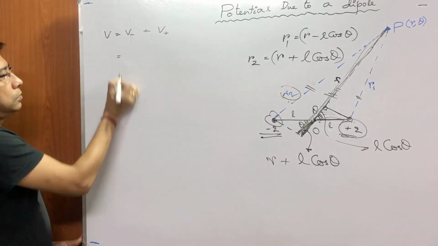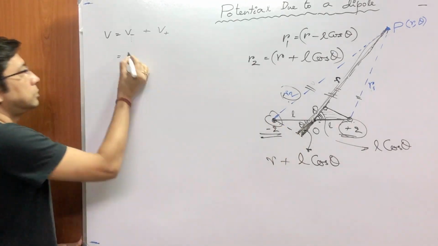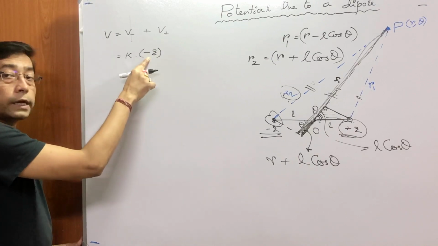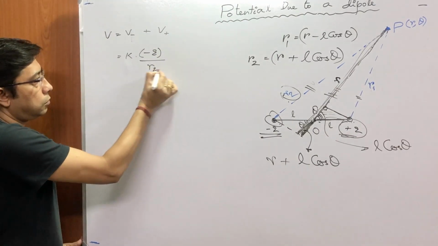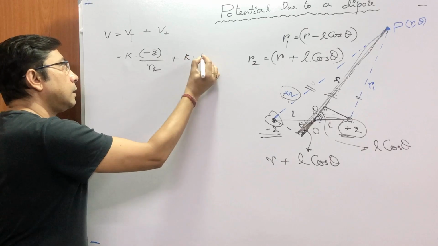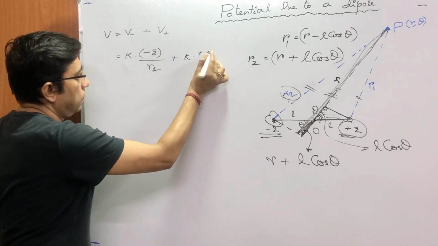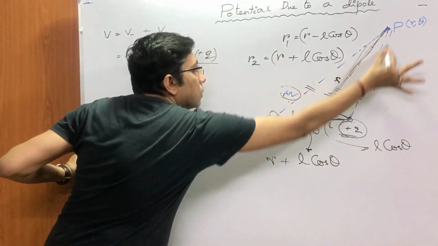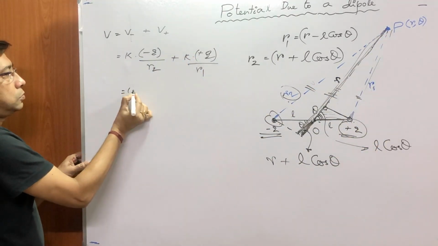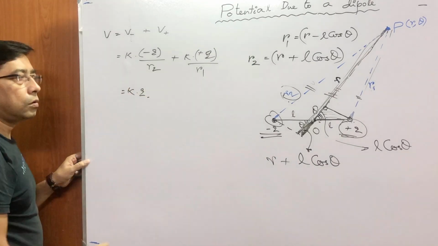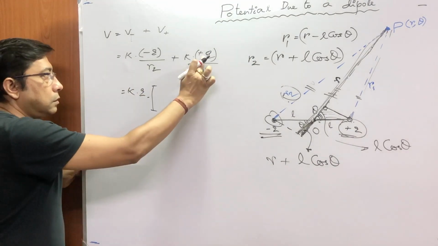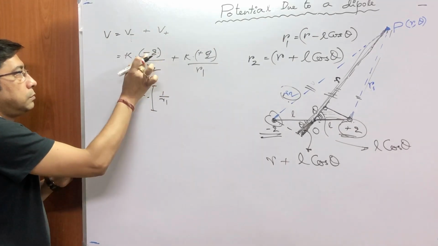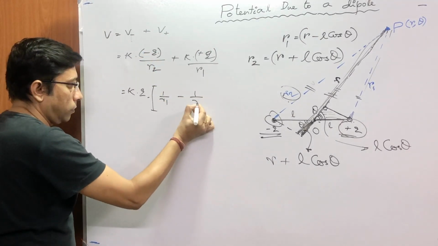V due to the minus charge is minus KQ divided by R2, and this is plus Q divided by R1, so it equals KQ common: this is 1 by R1, and this is minus 1 by R2.